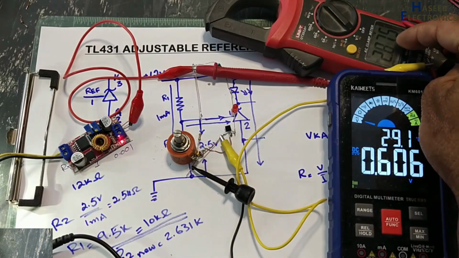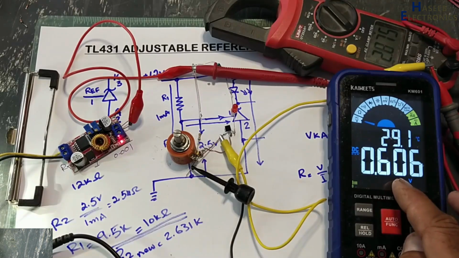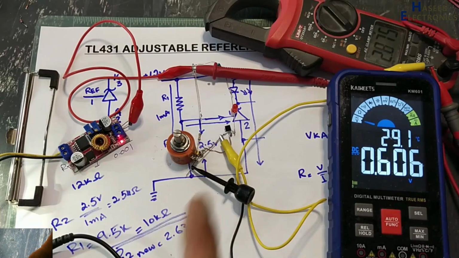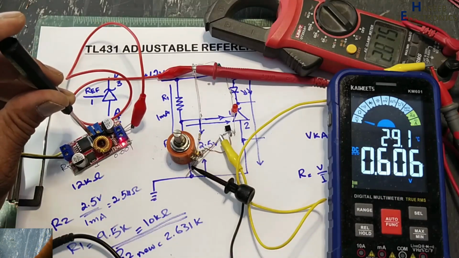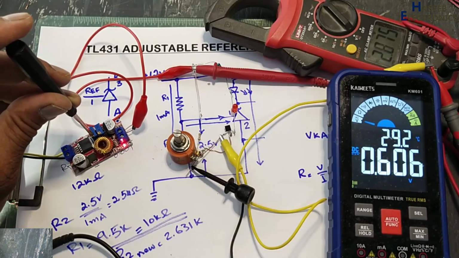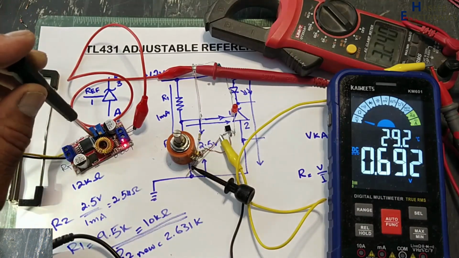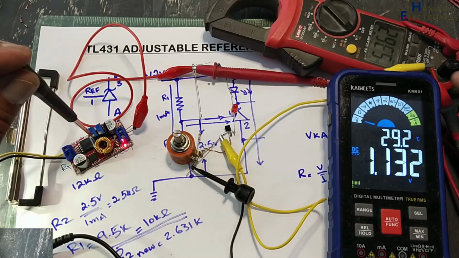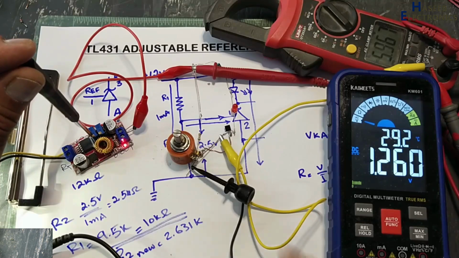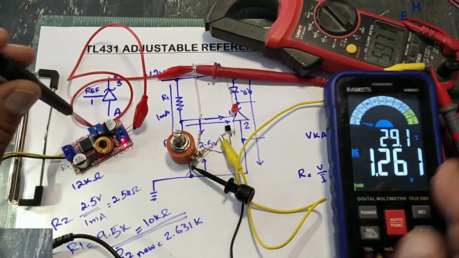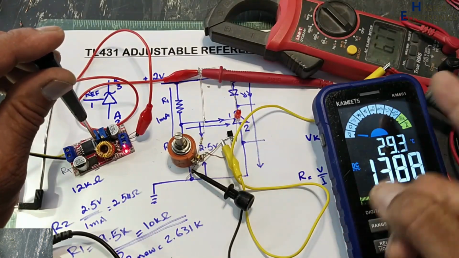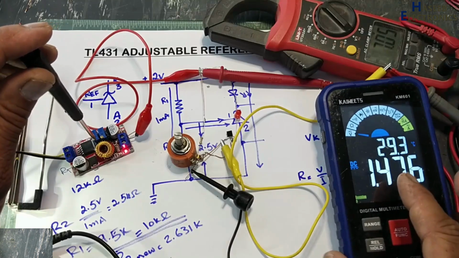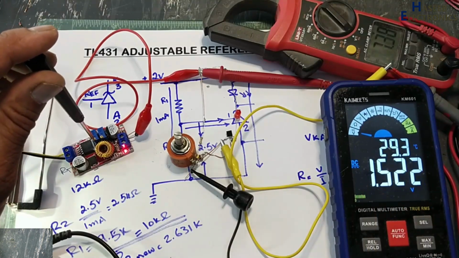When we have 2.8 volt, just only 0.6 volt is on the reference pin, this yellow wire. I will increase the voltage now. At 3.9 volt, the LED is off. At 6.6 volt, 6.8 volt, we have 1.5 volt reference.